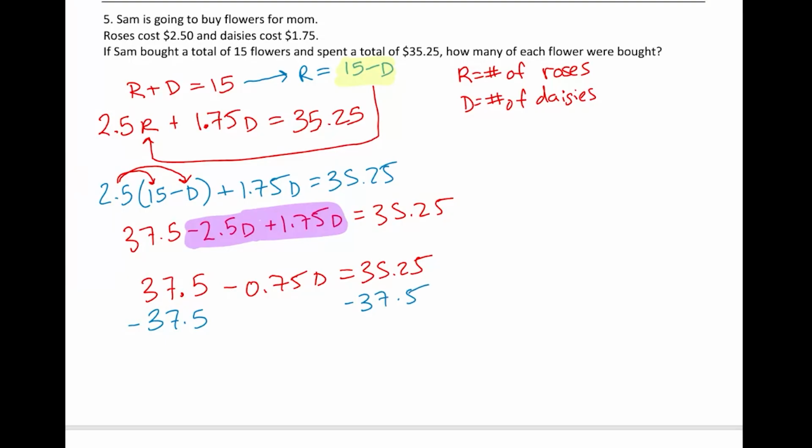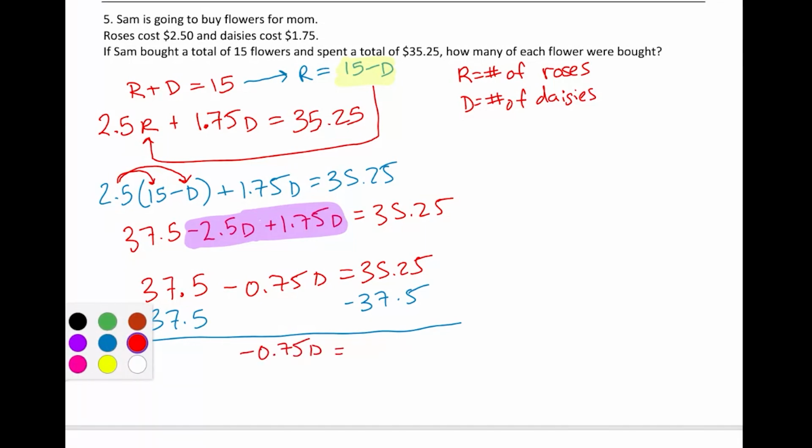It is negative 2.25. So we've got negative 0.75D equals negative 2.25. And now I'll divide both sides by negative 0.75. So D will equal 3.